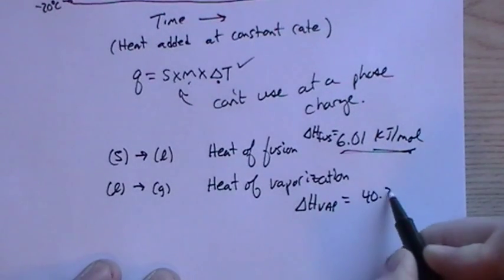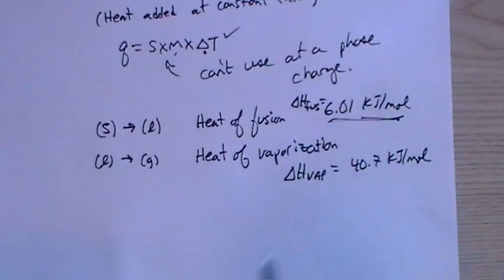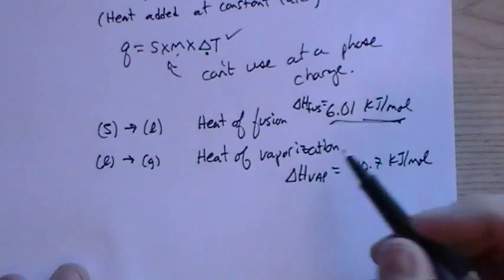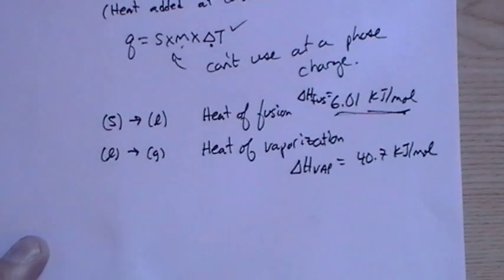This is 40.7 kilojoules per mole. Don't need to know those or memorize those, but you should know what heat of fusion and heat of vaporization are. They're different. The values are different for different compounds. We use water so much that you may end up knowing it just because you use it a lot.